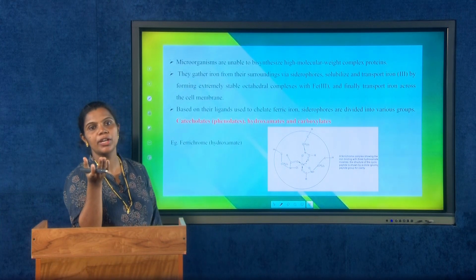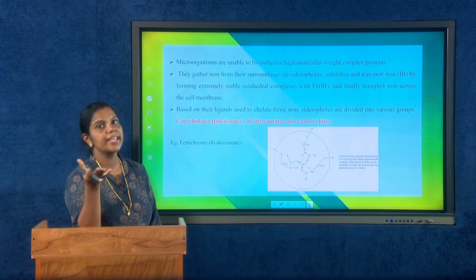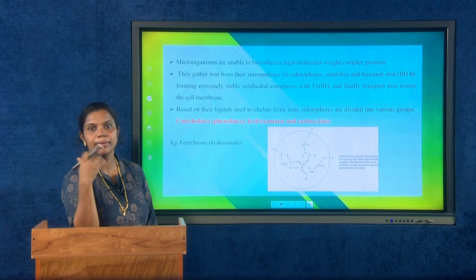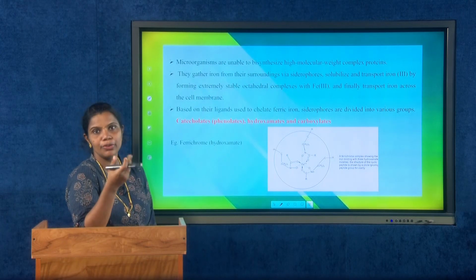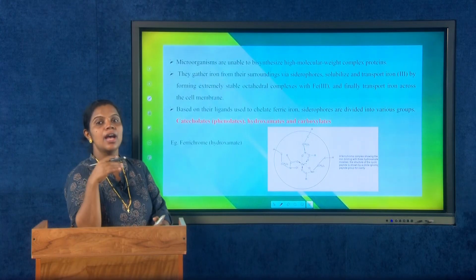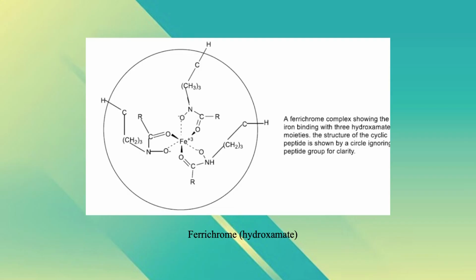I already mentioned that the solubility of iron 3 plus is low, and thus by chelating they solubilize the iron 3 plus and form stable octahedral complexes. We can see the structure of a ferrichrome complex, a siderophore, and it is transported across the cell membranes.